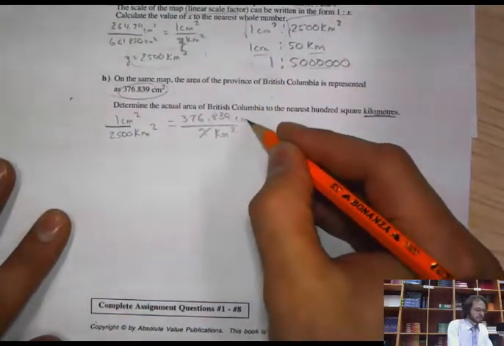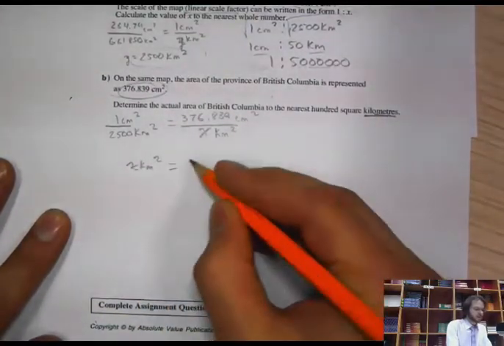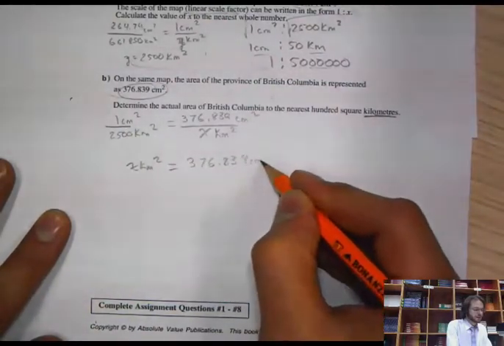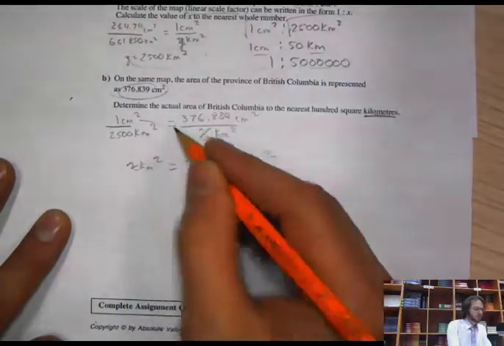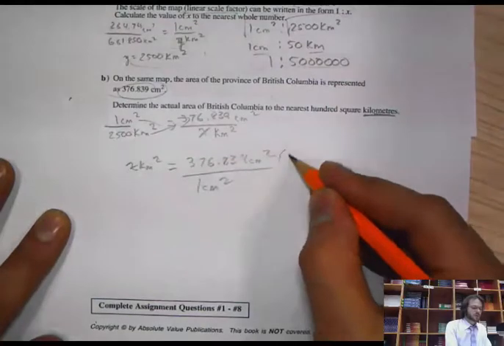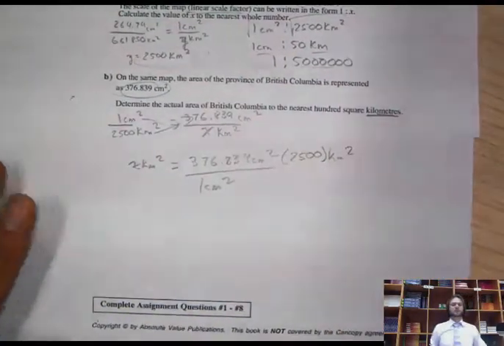So we end up getting x kilometers squared is equal to 376.839 centimeters squared divided by 1 centimeter squared, because this will go on the bottom. Then we put that on top, so we're going to end up getting 2,500 kilometers squared. Okay? Do you get that?